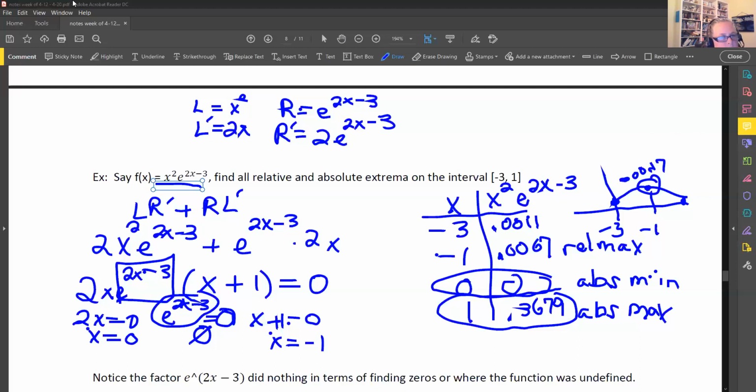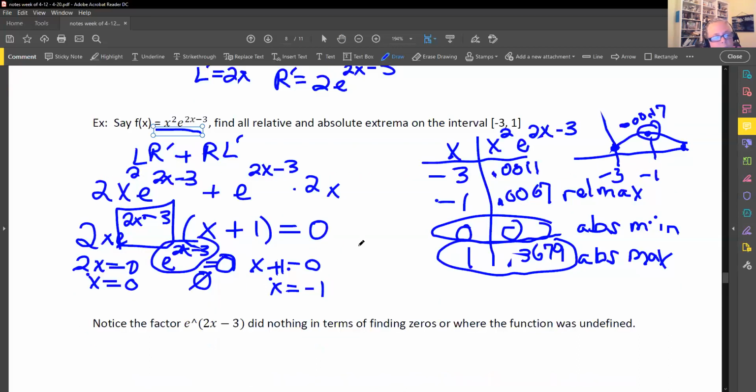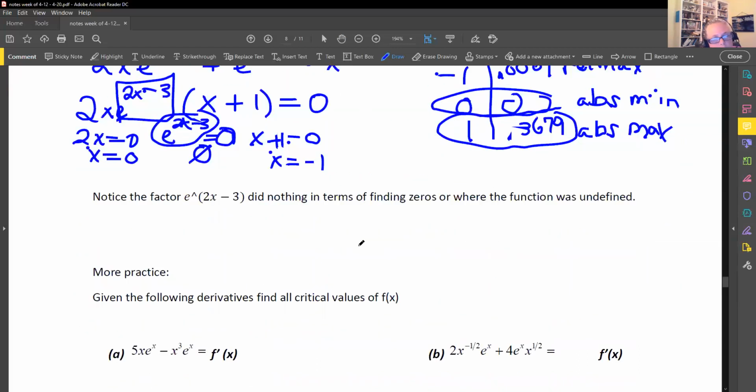So that should be good. Okay, and hopefully now you can see that maximum. Because of the scale I picked, it looks bigger than what it is, but now you can see that maximum. You couldn't see it before. You can't always trust what you see on the calculator. All right, but the calculus will always be right. Notice e to the 2x minus 3 did nothing. It's just something to factor out.